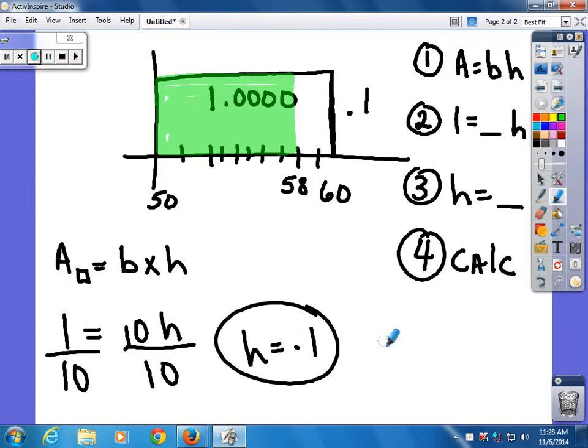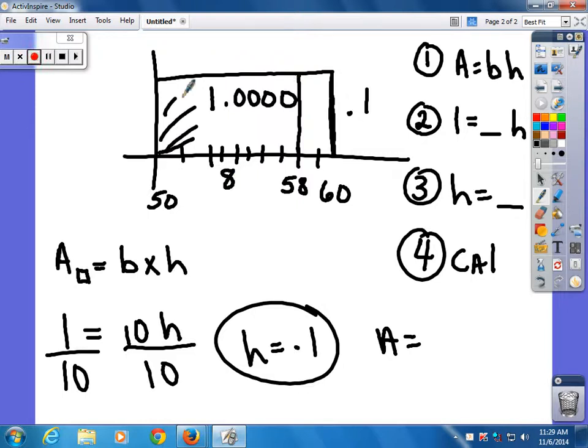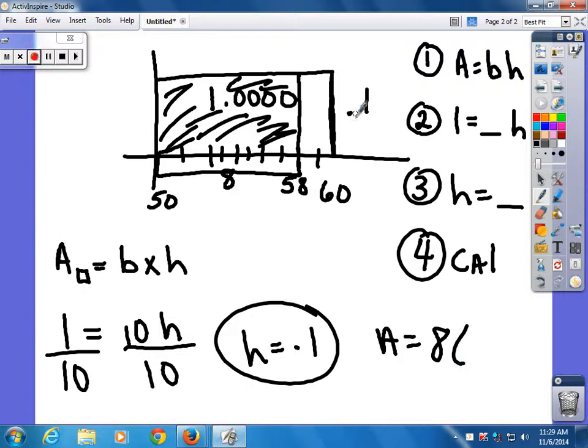The area is equal to base times height: the base is 8, from here to there, and your height is 0.1. 10% of 8 is 0.8, which gives you a probability of 0.8, or an 80% chance that the instructor is going to go up to 58 minutes.